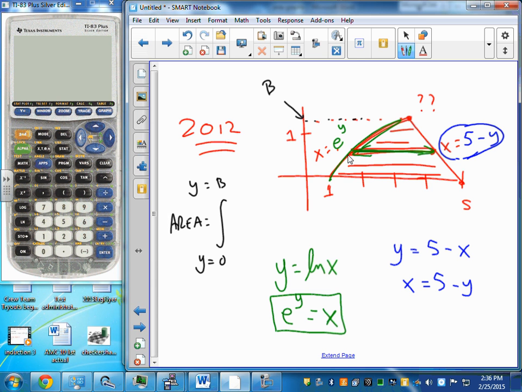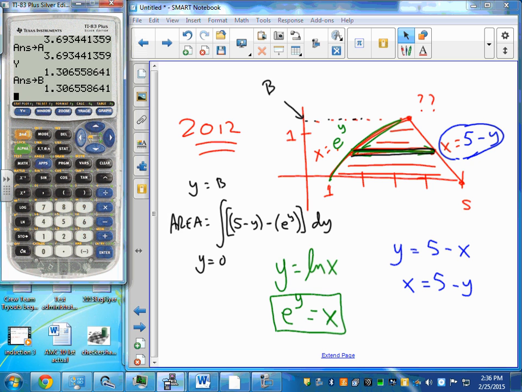And we've got the right side is 5 minus y, and we're subtracting off the left side, which is e to the y, and that's how long that is, and then the thickness is a little piece of dy. So there we go.